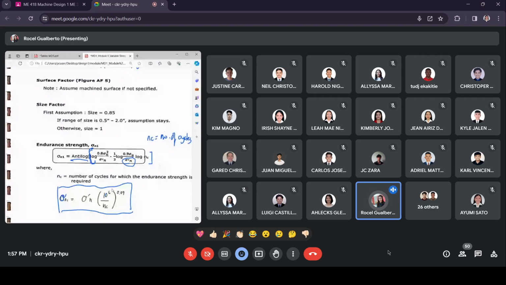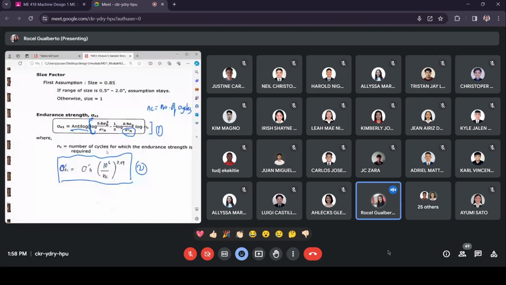You have equation 1 and this is equation 2 for sigma n1. That sigma n1 value will be substituted to obtain your endurance strength, sigma n or tau n.